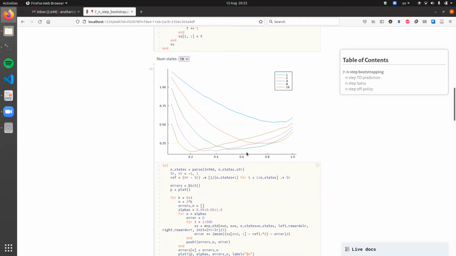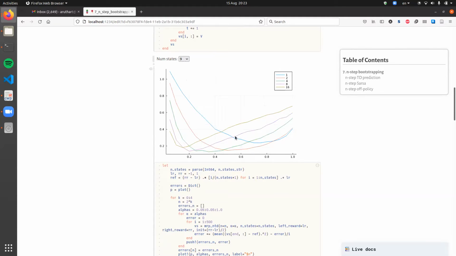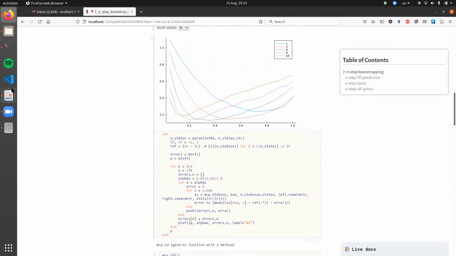What happens when we play with the number of states and with the n values? There might be some algorithm that might help in the first case versus tuning of, we can say, hyperparameters, which might help with the second or the third case that we might have. So I was thinking from that perspective.